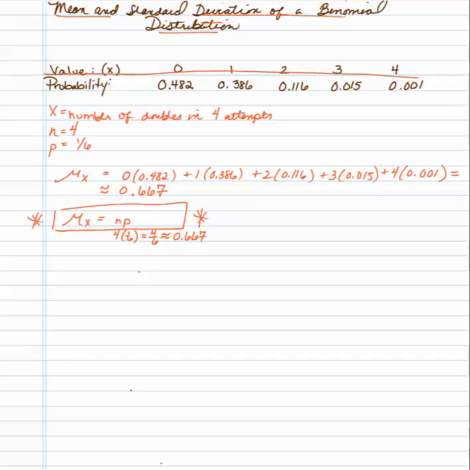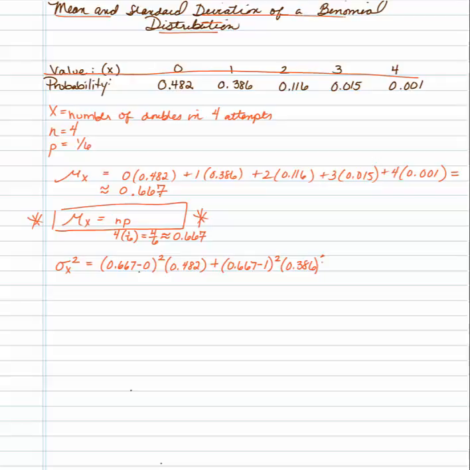And again, there's a shortcut for standard deviation as well. Now remember, for this one, it's a nice long formula where you take the mean and you take away the value, square it, and times it by its probability. You add it to the mean, take away the value, square it, times it by its probability.